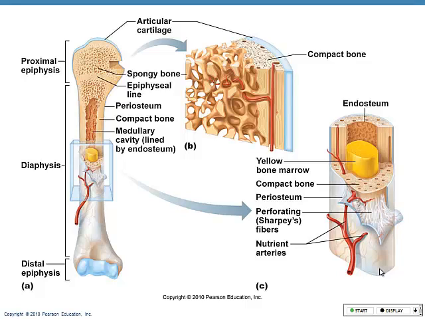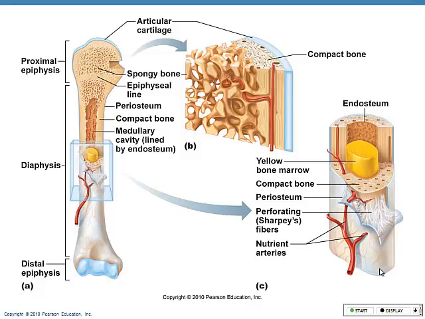Spongy bone is the same way, and those little pores and holes are where you're going to find red bone marrow. So that's where we find hematopoietic tissue. And what does hematopoietic mean? Yeah, it's making blood cells, hemo, blood. So this is red bone marrow and where red bone marrow lives.